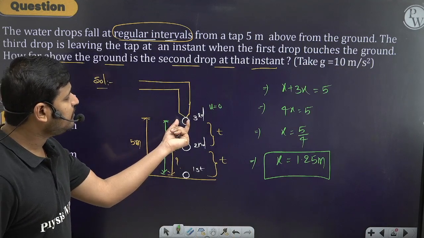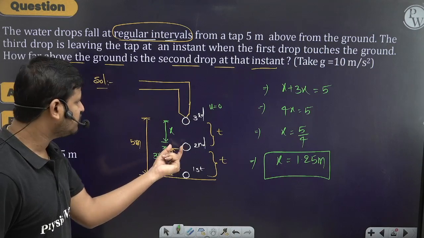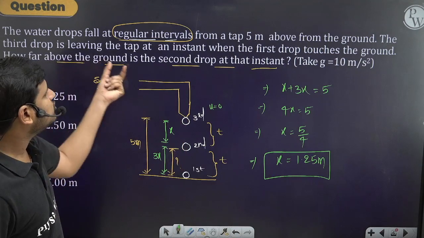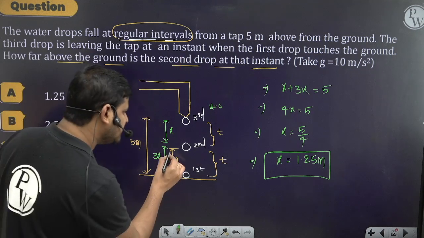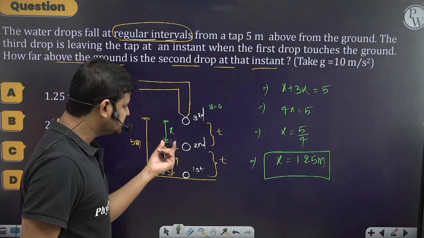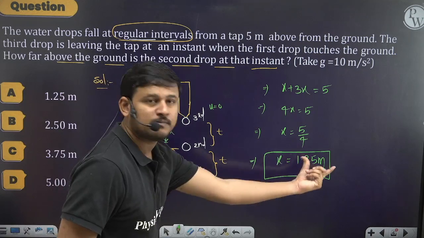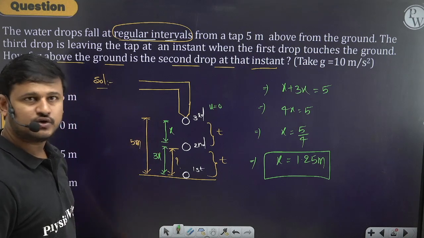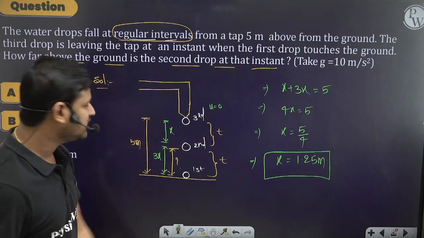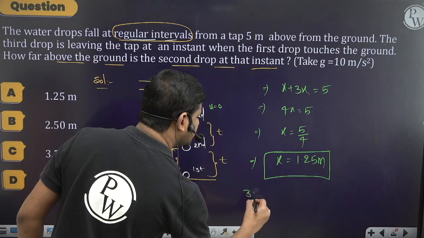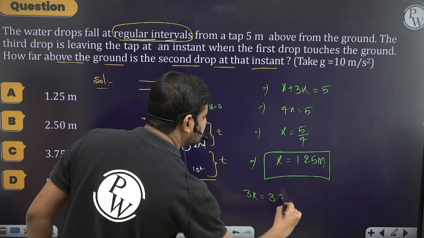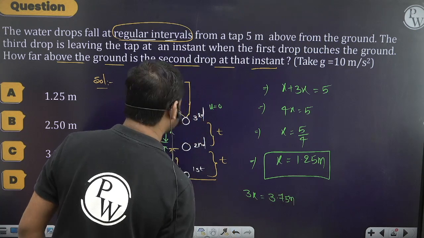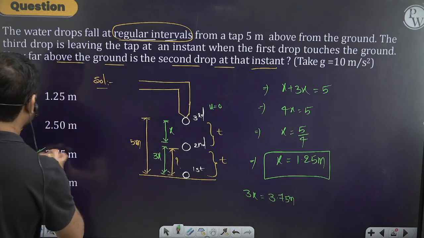The distance from here to here. But what we require? How far above the ground is the second drop? So we require this distance. What is this distance going to be? 3 times 1.25, or else you just subtract 5 minus 1.25. In both cases you are going to get this 3x as 3.75 meters. So this distance we required, which is option C.